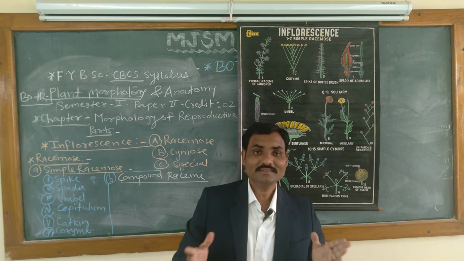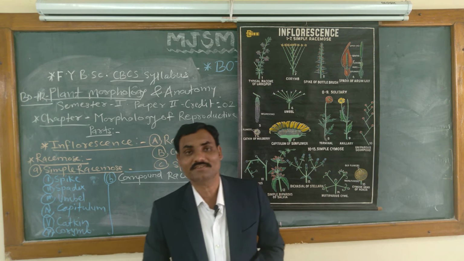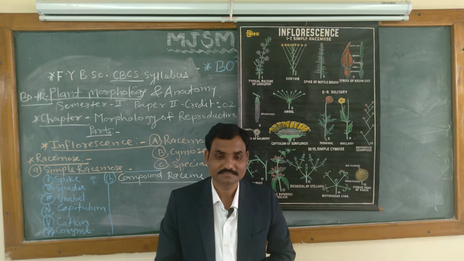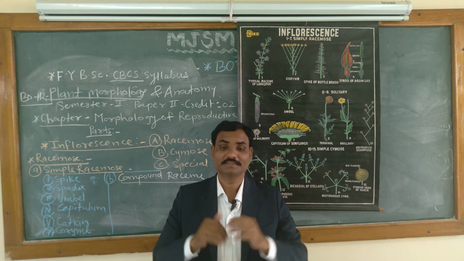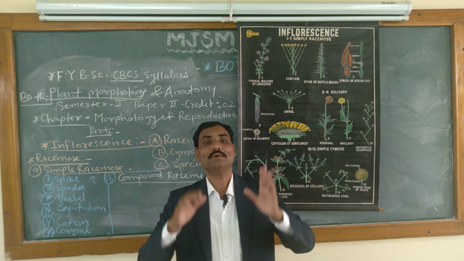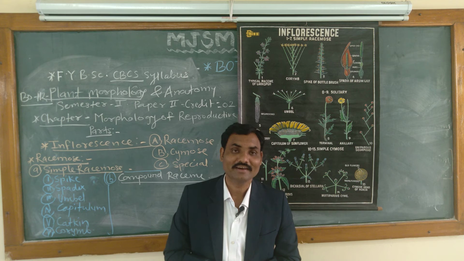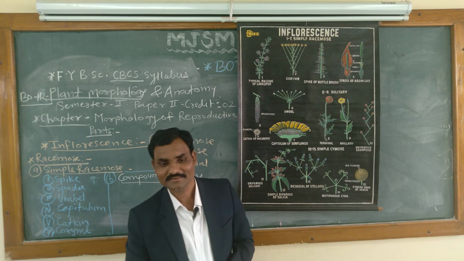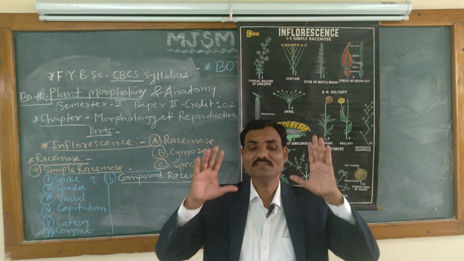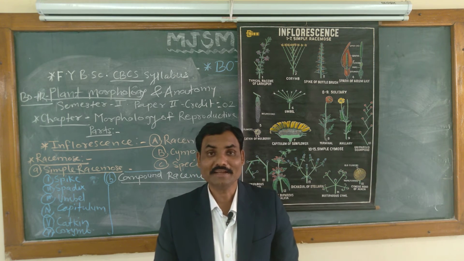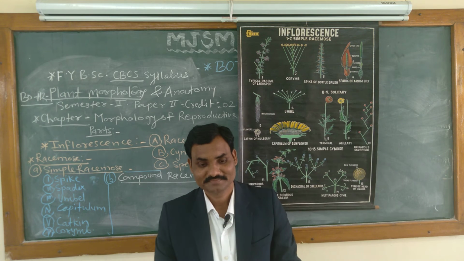Then what are the characteristic features of simple spadix? The main axis is unbranched, thick and fleshy. The flowers are unisexual and sessile. Then the inflorescence is covered by one or more bracts, and that bract is called a spathe.